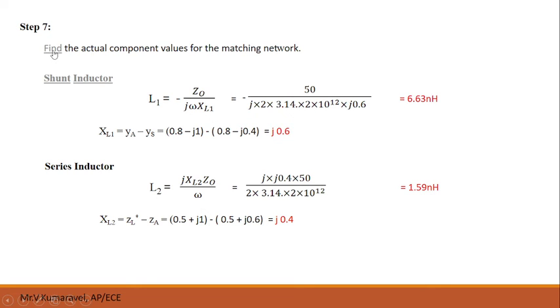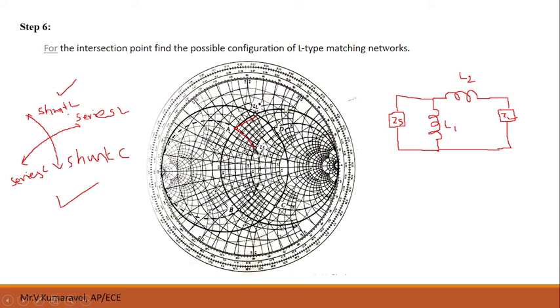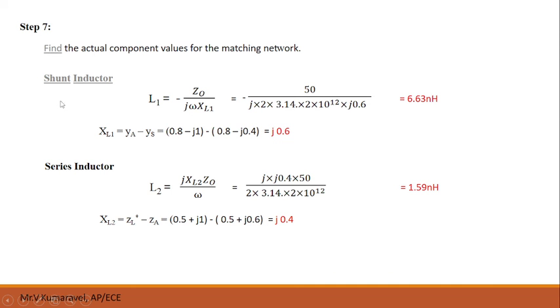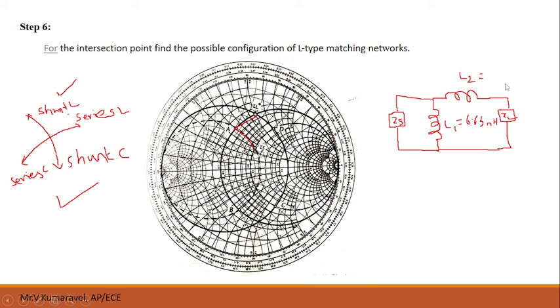So the first inductor value L1 is 6.63 nano henry, and L2 is 1.59 nano henry.